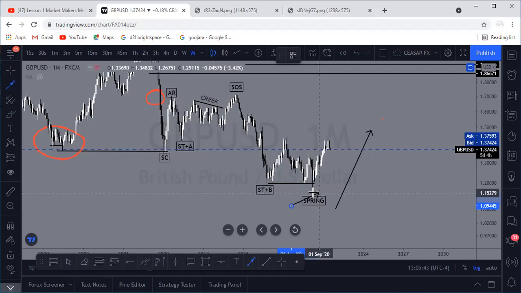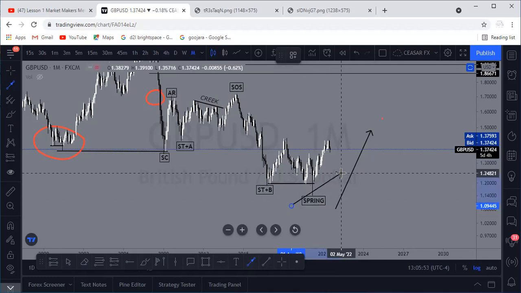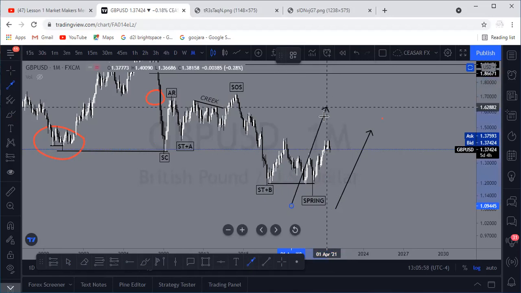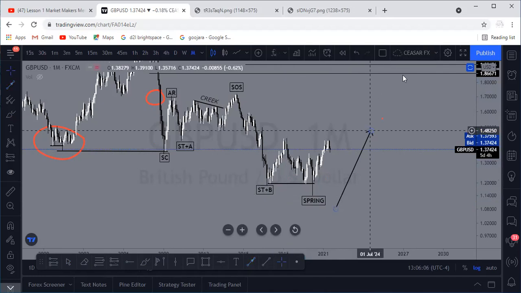You can see now, that is what gave them the power of moving the price to the upside. As you can see, it moved like this after grabbing liquidity. What I'm trying to tell you is that the price will not move just like this without grabbing liquidity, without hitting our stop losses or retail stop losses. That is what I wanted to clarify to you guys.